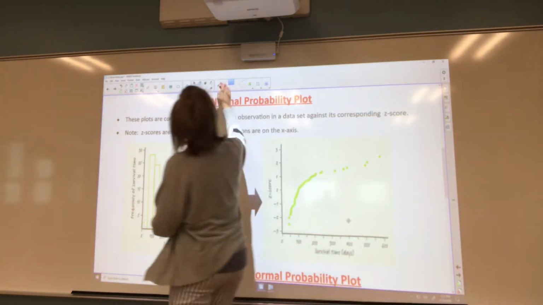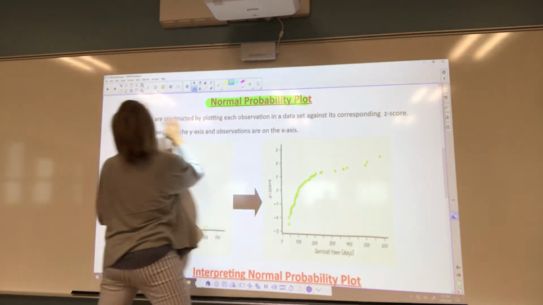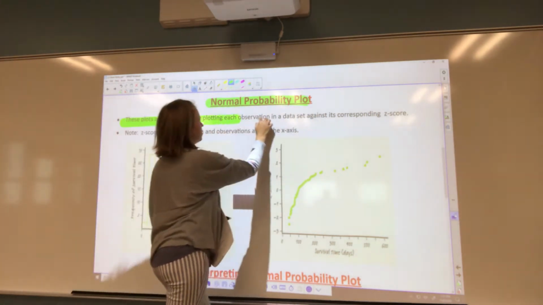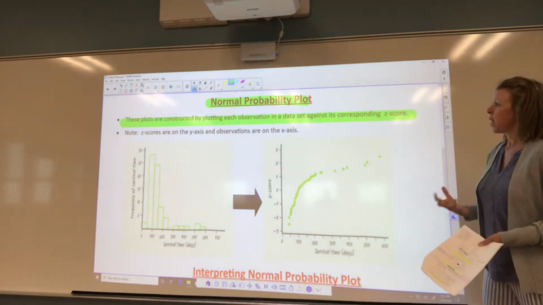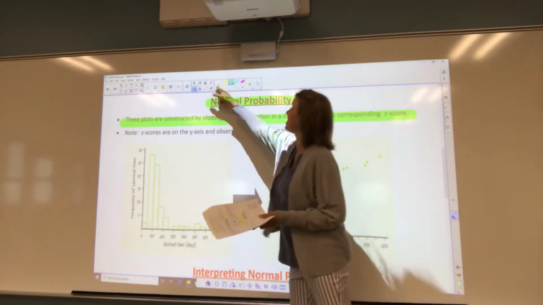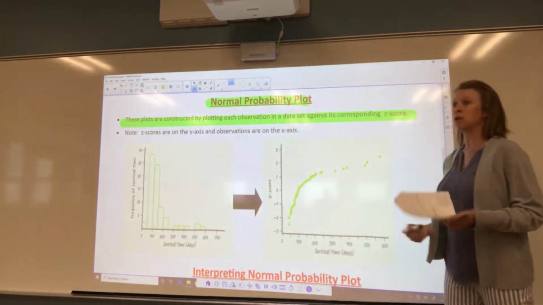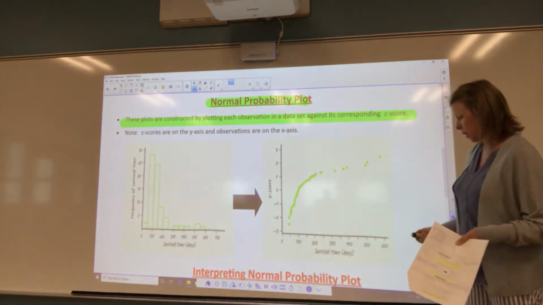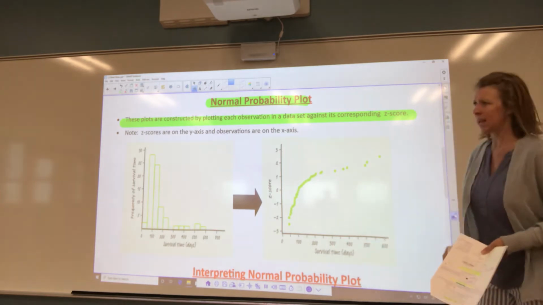So what is a normal probability plot? These plots are constructed when you take each piece of data and plot it against its corresponding z-score. In other words, let's say you surveyed everyone, and this represents survival time in days.